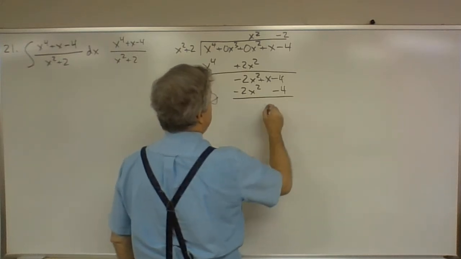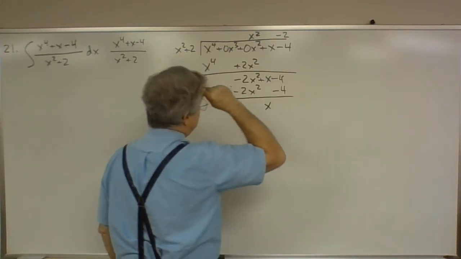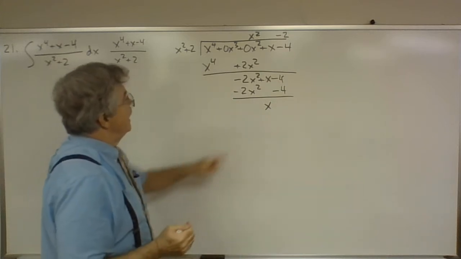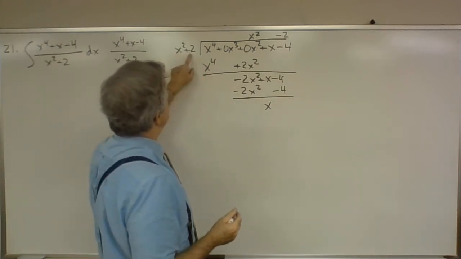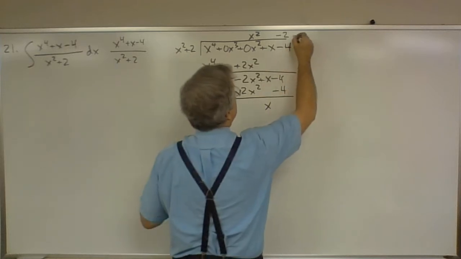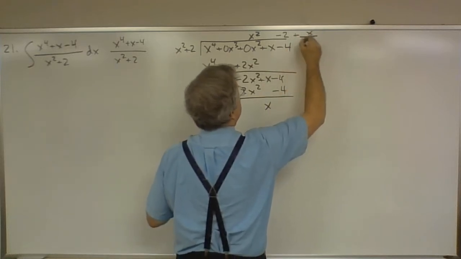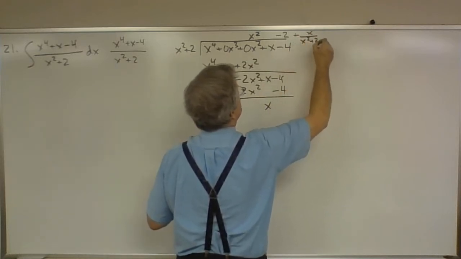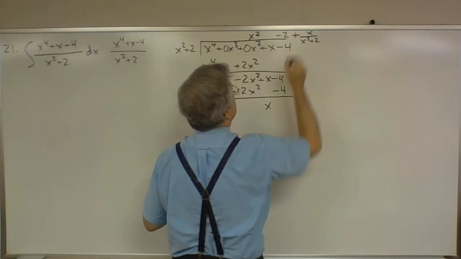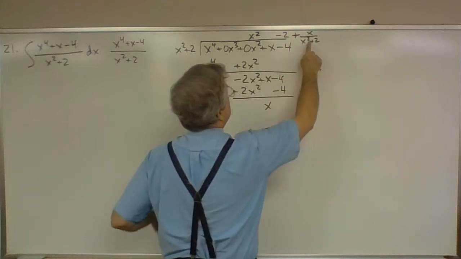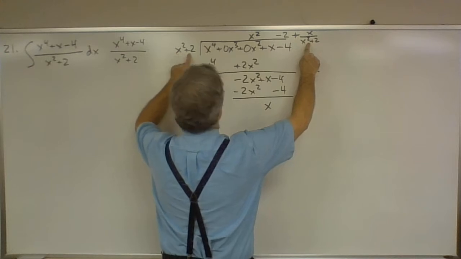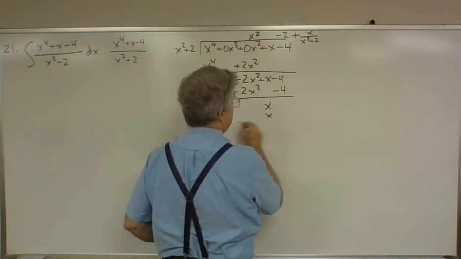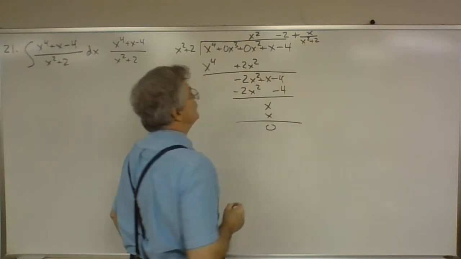And we subtract and we get x. x divided by x squared plus 2 is x divided by x squared plus 2. Multiply this by our divisor and we get x. And we're done.